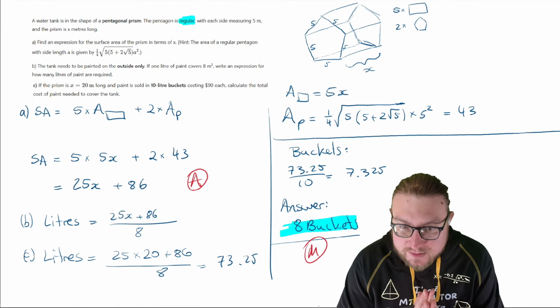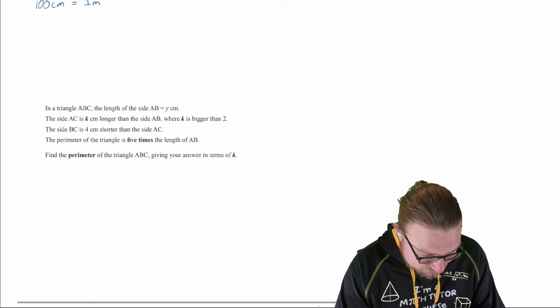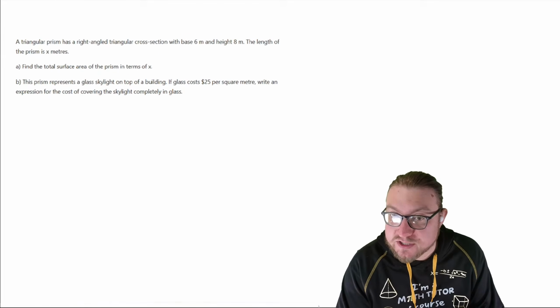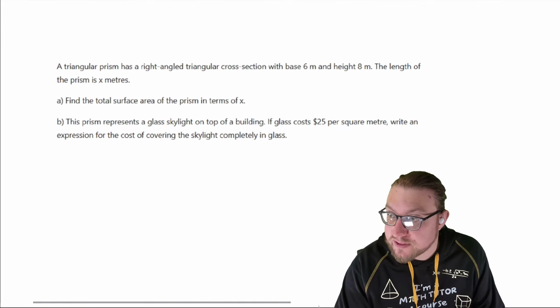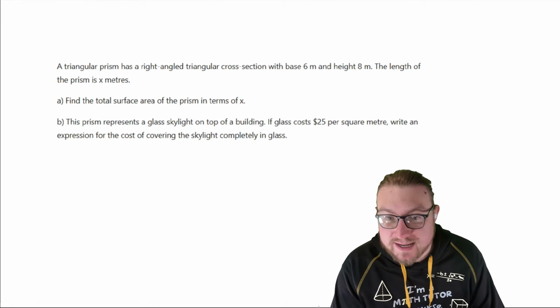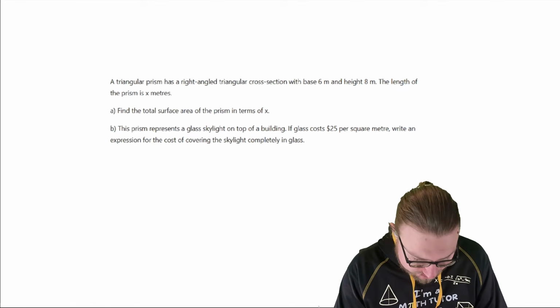Okay, now we've done a few achieved and merit questions. There's a few more questions for you to do, so I'll blend them in as we speak here, so you guys can try them on your own. Try and pause them, give it a go, and then let me know in the comments later on if you guys find these easy or difficult.